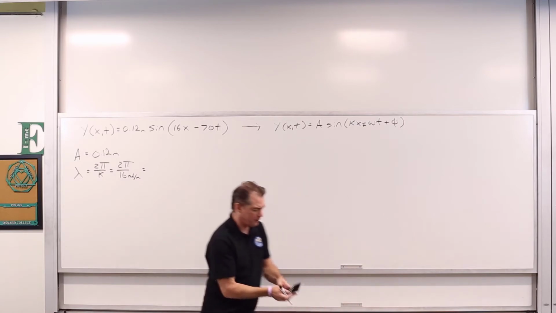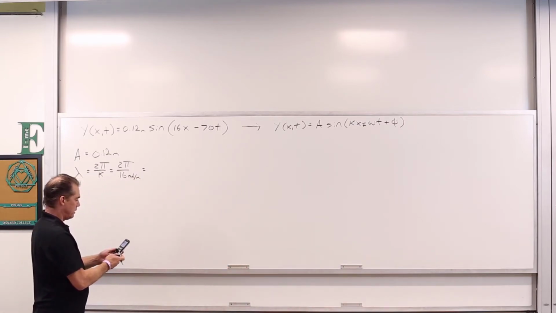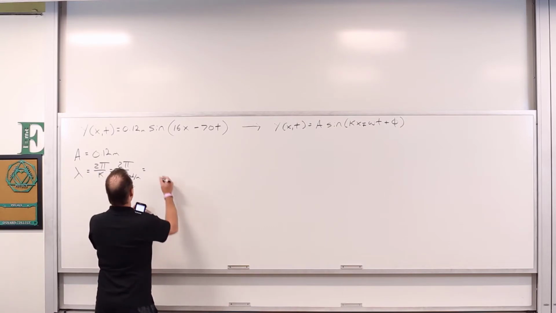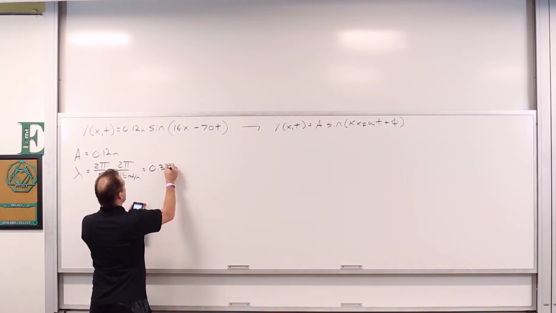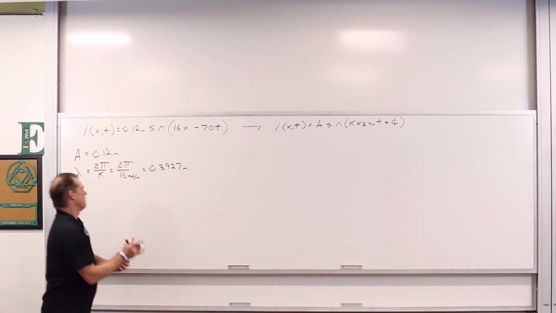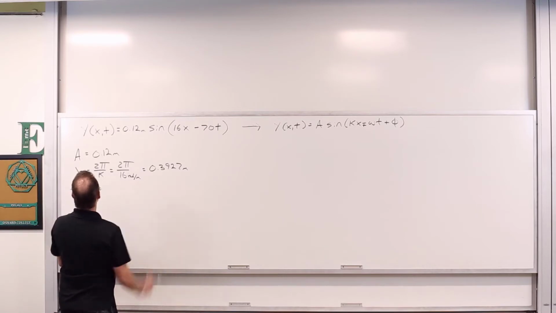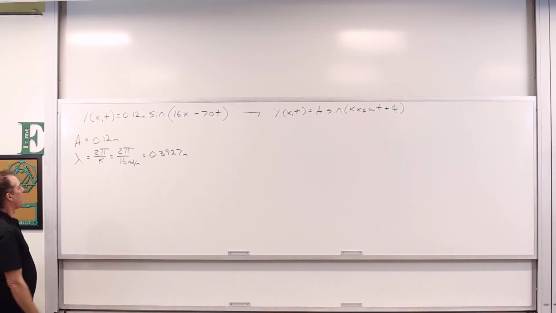We can compute that out: 2 pi divided by 16 gives us a wavelength of about 0.3927 meters, 39.3 centimeters, whatever, but we've got it. There's the wavelength.